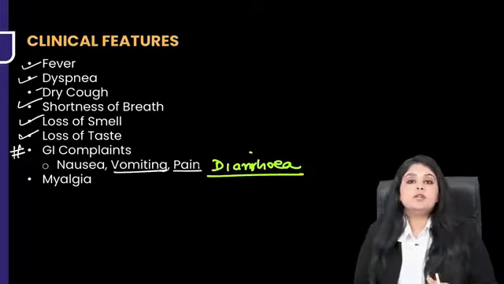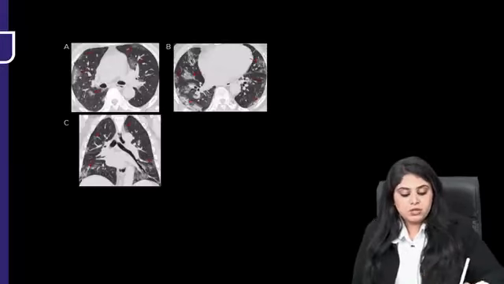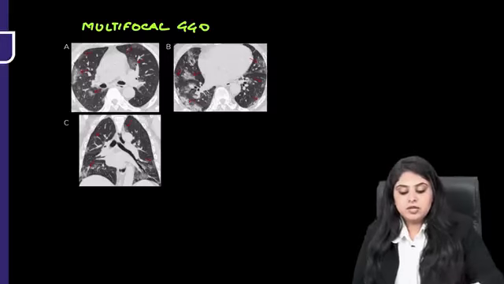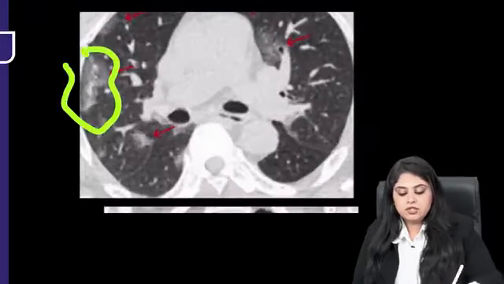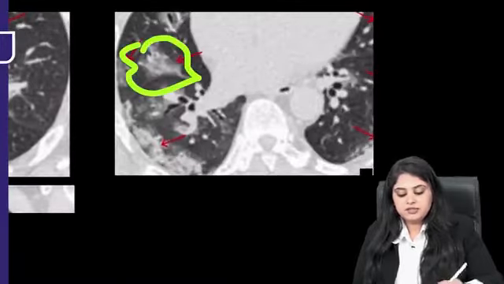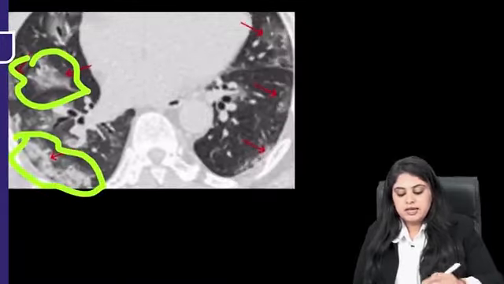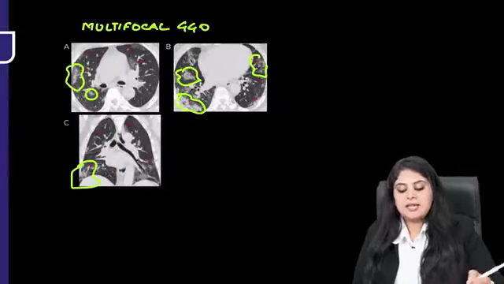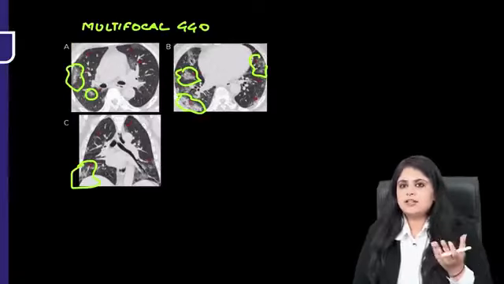Now I will show you a few radiology pictures. What do you think is the most common radiological finding that you see? We see multifocal ground glass opacities, GGOs. You can see lots and lots of GGOs over here, multiple ground glass opacities which are marked. But can there be something else? When I say ground glass, have you seen ground glass?